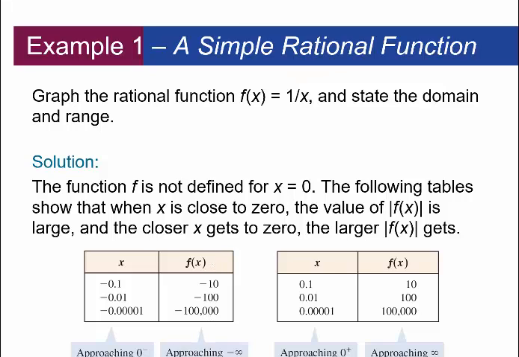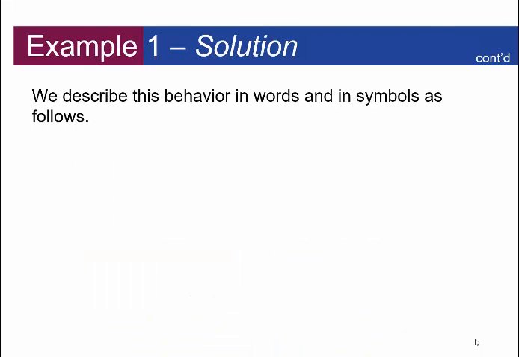As you approach 0 from below, on the negative side, your function goes down to negative infinity, decreasing without bound. The flip side is, as you approach 0 from the right, from the positive numbers, your function blows up, getting larger and larger and approaching positive infinity.